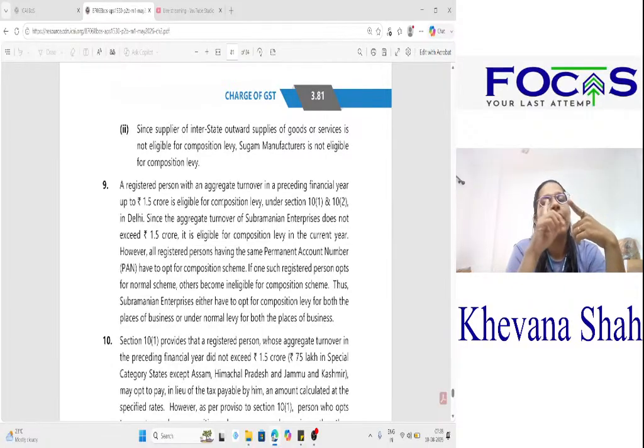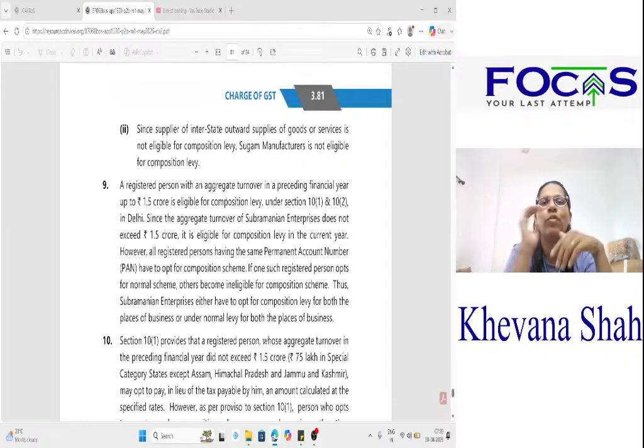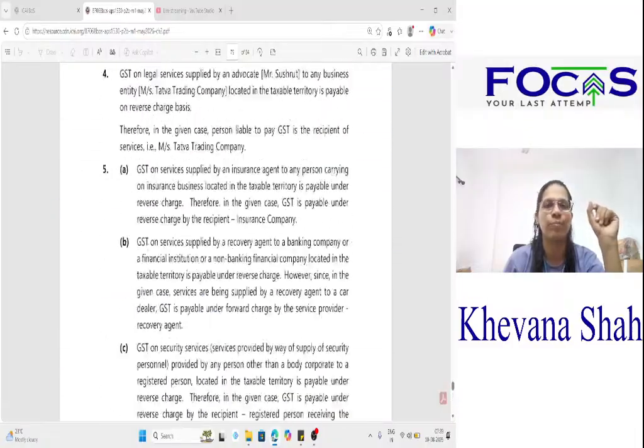If you are supplying any goods or services interstate, meaning within different states, then you are not eligible for composition levy under any of the sections 10(1) or 10(2)(a). Since the supplier of interstate outward supplies of goods or services is not eligible for composition levy, Sugam Manufacturers is not eligible for composition levy, because you are doing interstate supplies of goods.